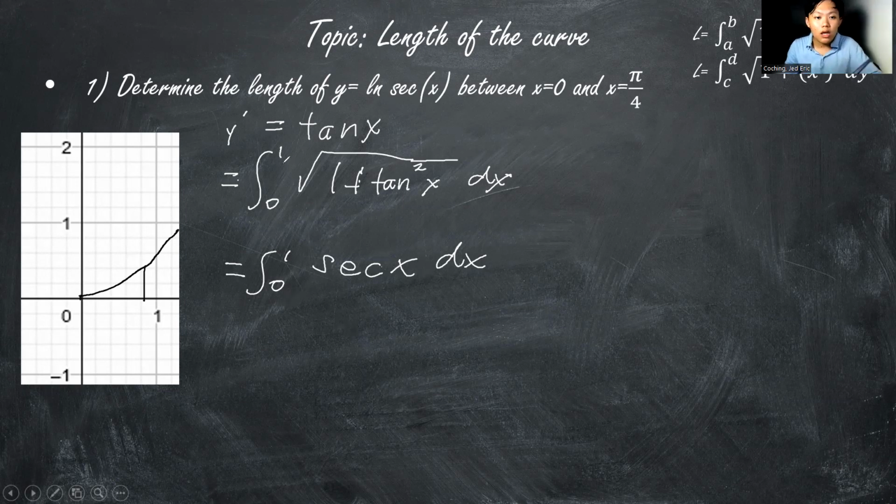Wait, I forgot. The limit here is not 1 but pi divided by 4. So this is also pi divided by 4.